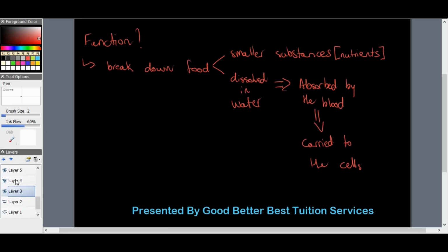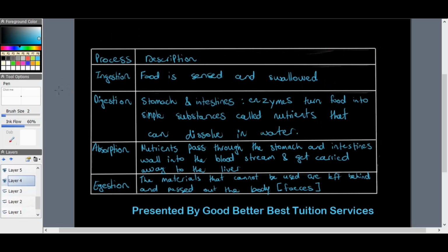So now that we know its function, let's carry on and have a look at the 4 main processes that actually happen in a digestive system. So what we have here is a table with 4 processes that happen in our digestive system, as well as the description of each. So let's go through this as best that we can.